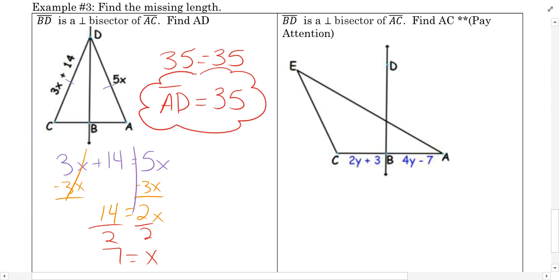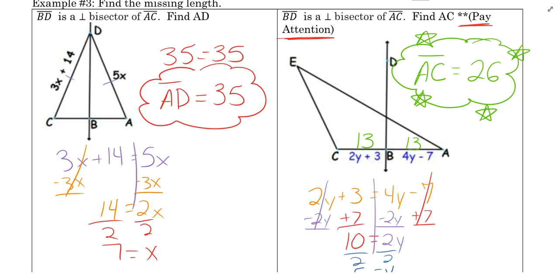Go ahead and try this last one. I did put a note here to pay attention to what you are actually solving for. Pause your video now, solve for AC, and we'll see how you did. Hopefully you set those two line segments equal to each other, because CB and AB are parts of AC that was bisected, and remember bisected means it's put into two equal parts.